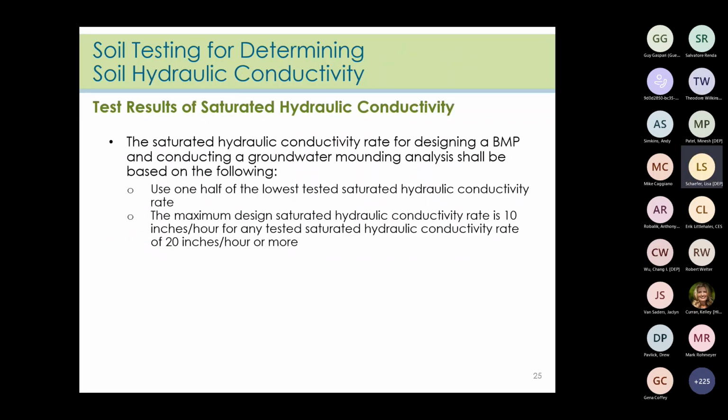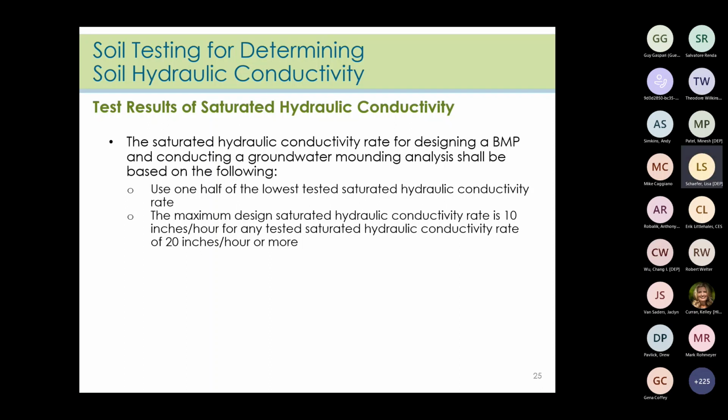Okay, since the actual saturated hydraulic conductivity rate may vary from the soil testing results and may decrease over time, a factor of safety of 2 must be applied to the slowest tested saturated hydraulic conductivity rate to determine the design saturated hydraulic conductivity rate.